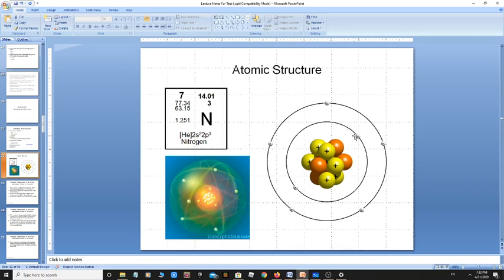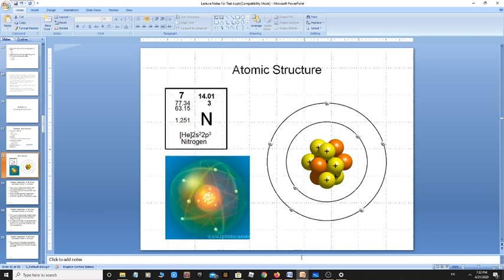There's a maximum of two electrons allowed on the first layer, which is the one nearest to the nucleus, and a maximum of 8 electrons allowed on the second layer, then 8 more on the third layer, and then 2 more on the fourth layer. Based upon that, we developed inner electrons and valence electrons, and then we learned the octet rule based on that. So that's what we have learned.